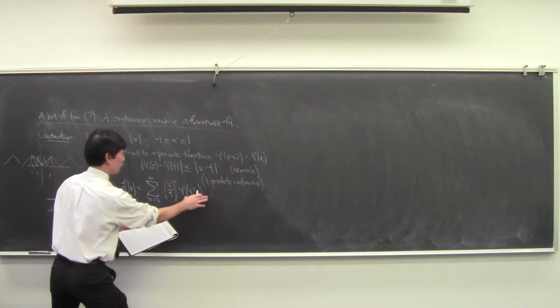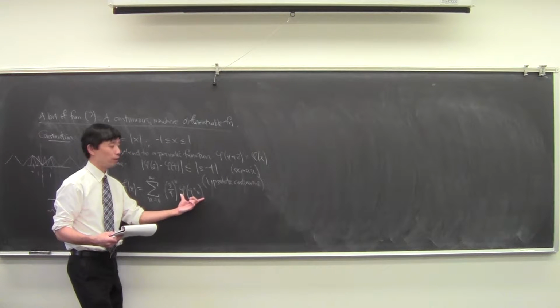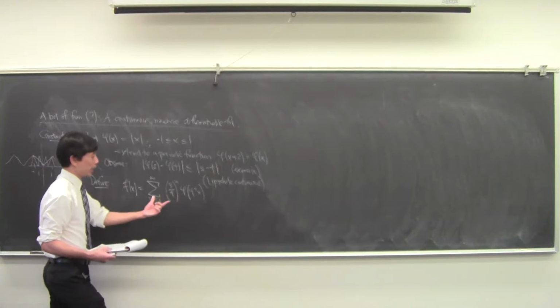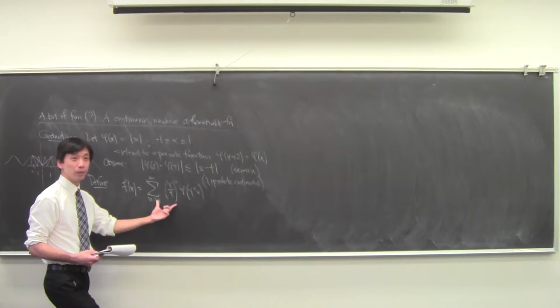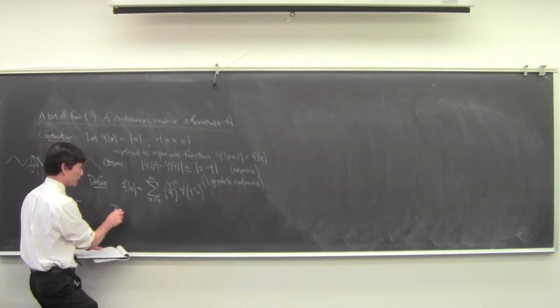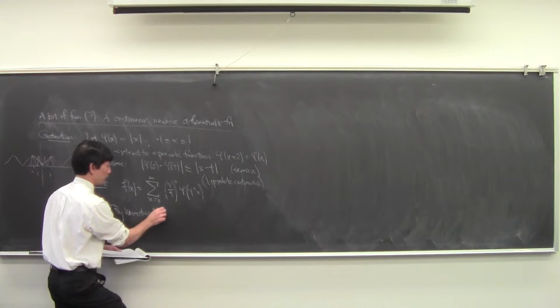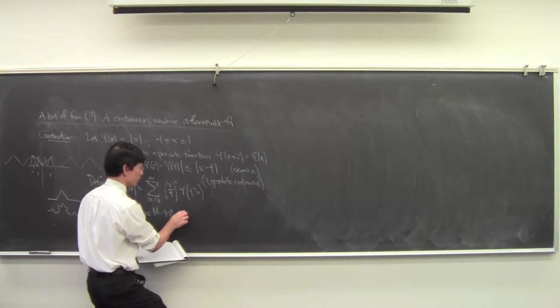Now all the values here are smaller than 1 in magnitude, and this sum is a geometric series, so this converges. So by the Weierstrass M test, this means that we have uniform convergence.